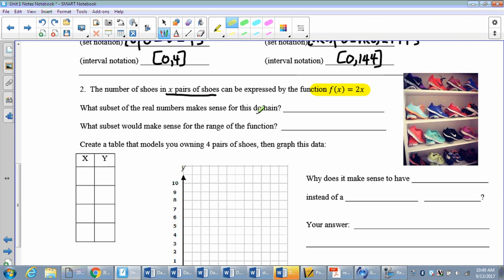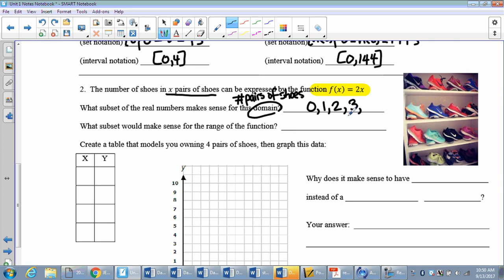So maybe to help us think about this, I'm going to circle domain, and I'm going to write myself a little note that domain is all about number of pairs of shoes. I can have 0 pairs of shoes. I can have 1 pair of shoes, 2 pairs of shoes, 3 pairs of shoes.